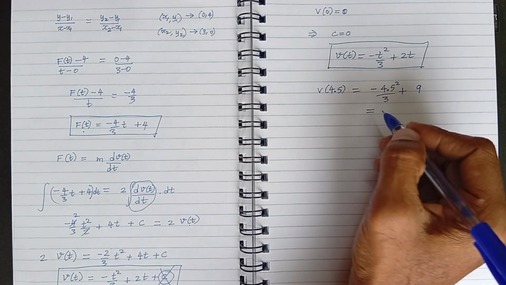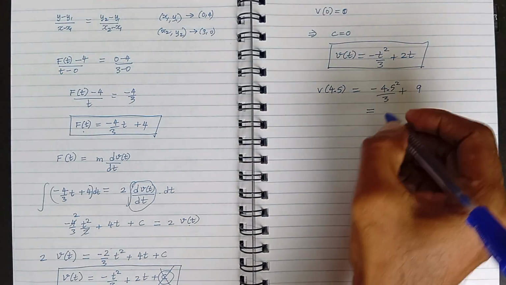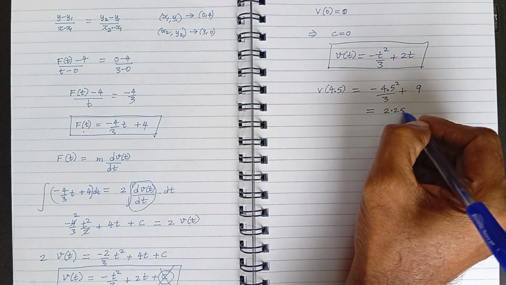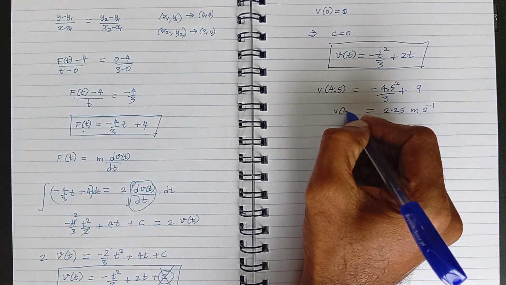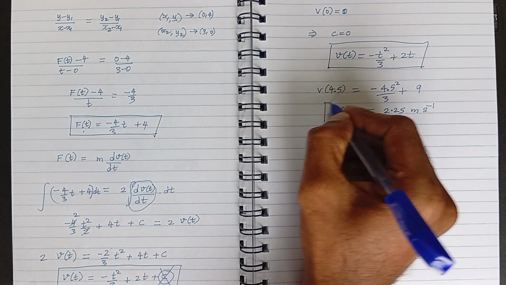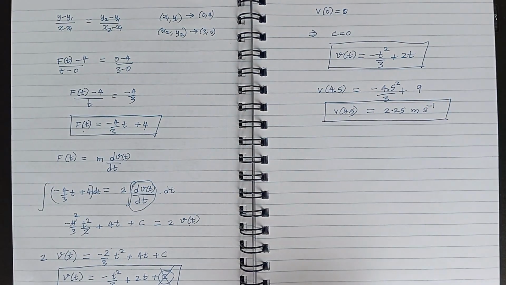And if you compute this, then you will be getting 2.25 meter per second, okay, unit of velocity. So velocity of this block of mass that is subjected to a time dependent force at time t equal to 4.5 is 2.25 meter per second.